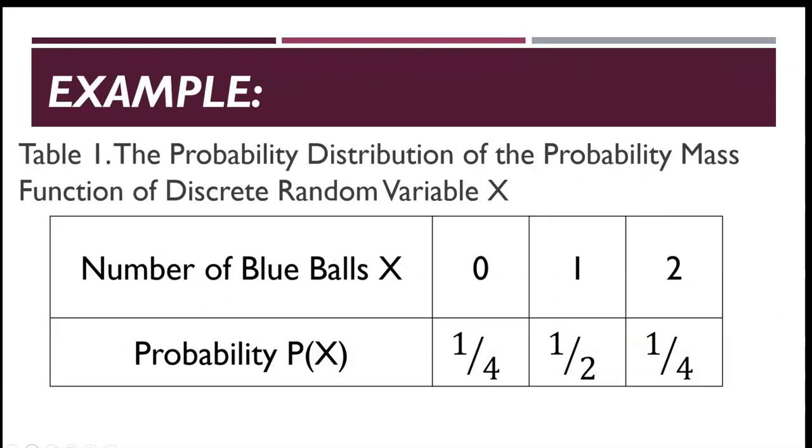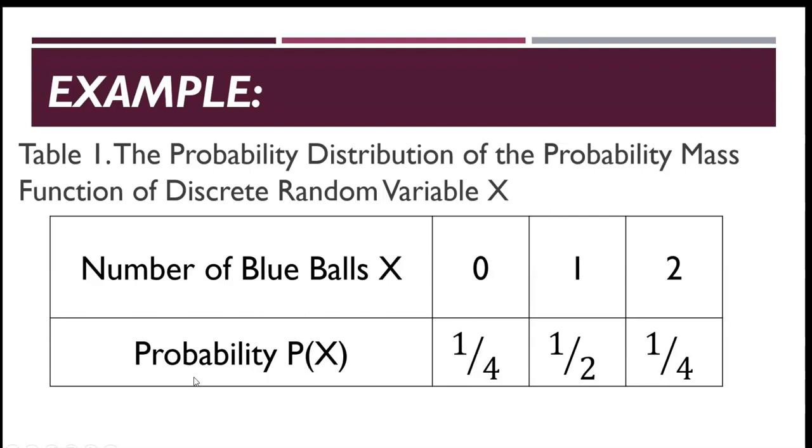Now let's consider the given probability distribution of the probability mass function of discrete random variable x, which represents the number of blue balls. How do we know if this distribution represents a probability distribution of a discrete random variable? So we simply go back to the two properties of a discrete probability distribution.